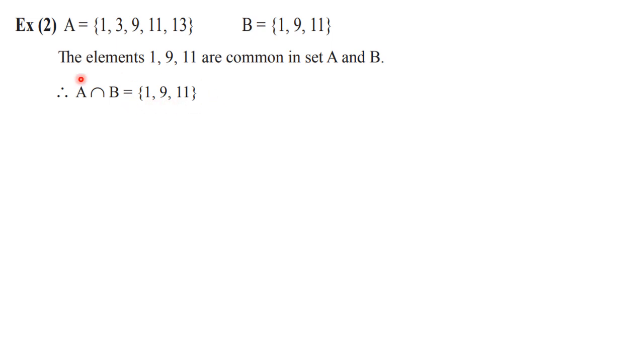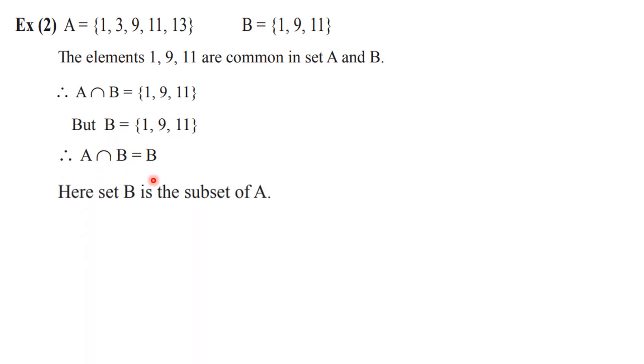But observe this set A intersection B and B. What we find is that B also contains the same elements. So from these two I can write that A intersection B is B itself. Yes. So here what we can write is B is a subset of A.